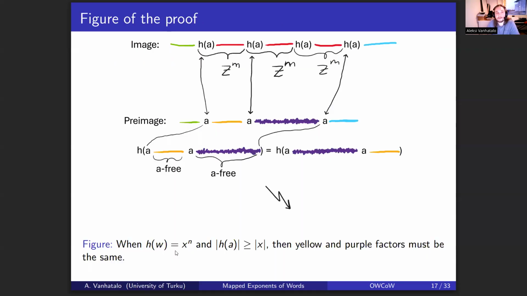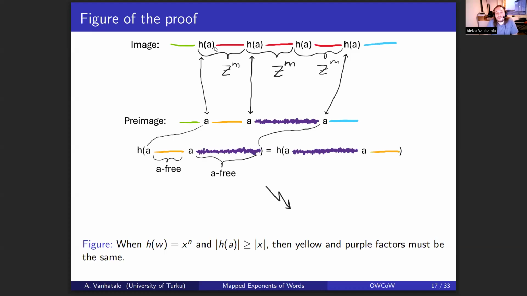Here is the figure of the proof. So in the image side, if we have some image of A occurrences here, and the image of A is larger than the repetition that is happening in the image side, then they have a fixed place within this repetition.